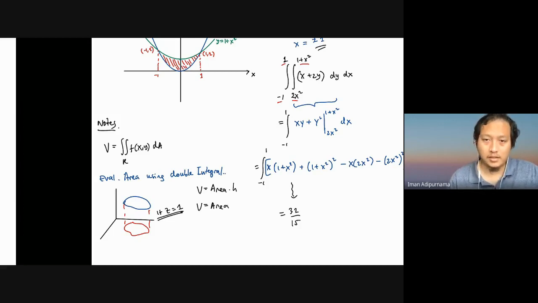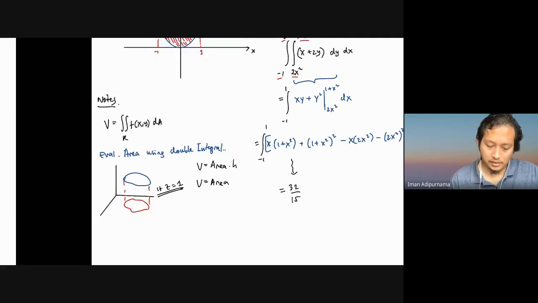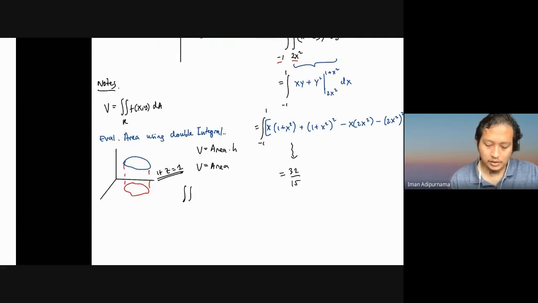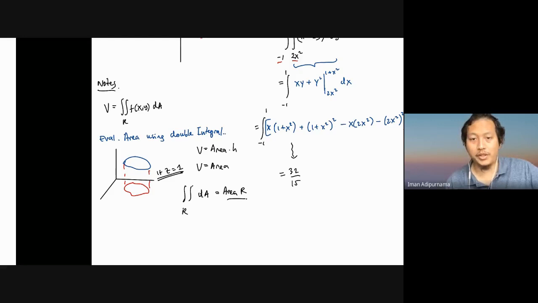So in this case, you can take the double integral of dA, and this will be your area of R. This way you can also compute the area.